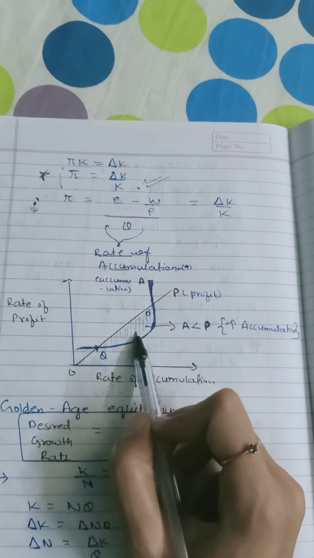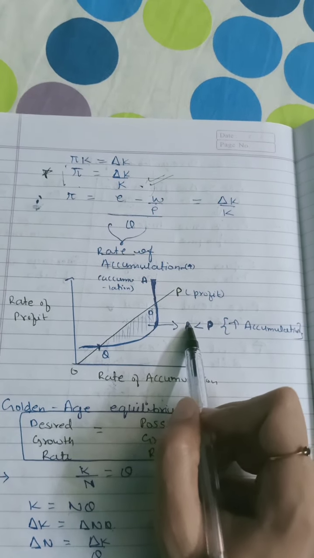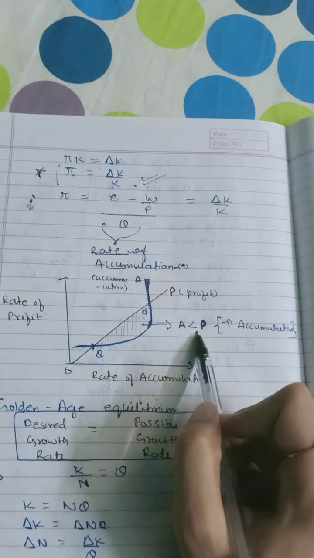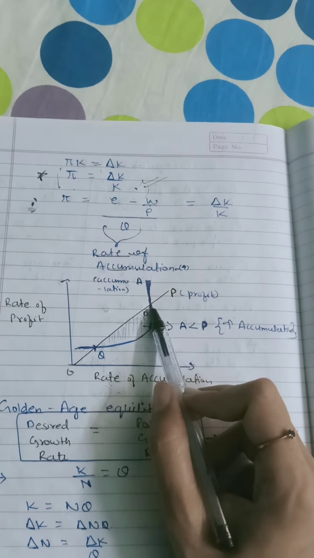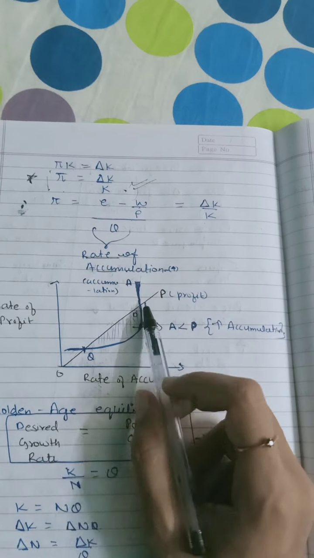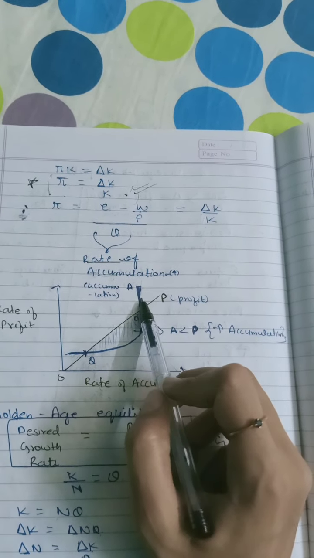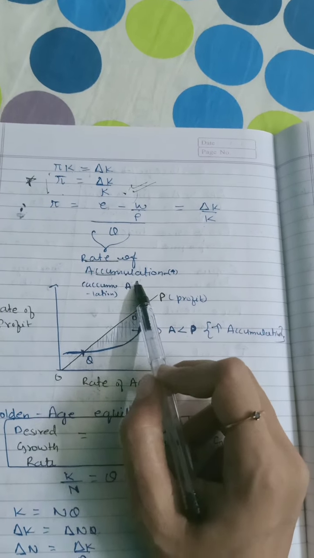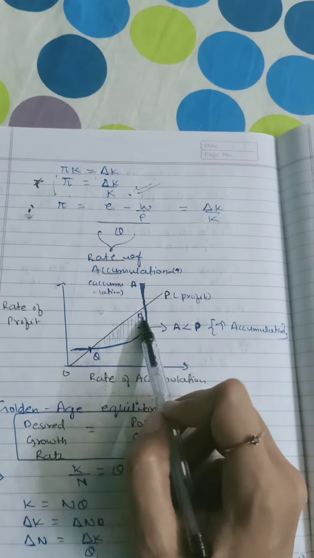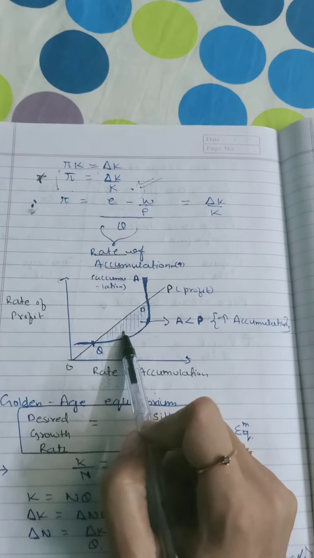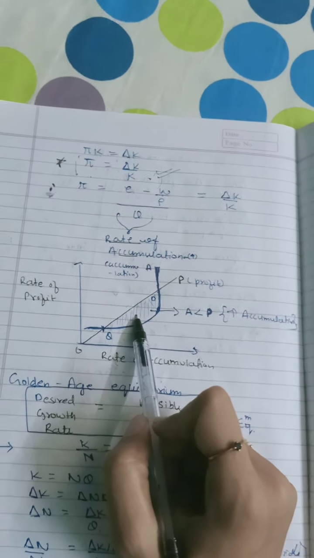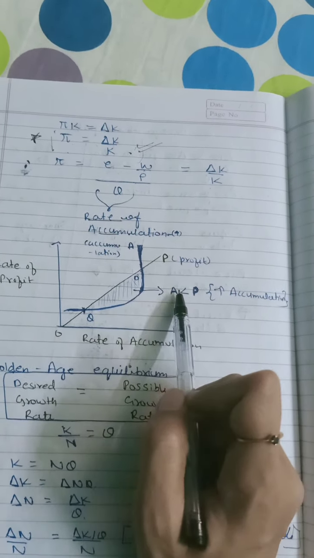This is the part where your rate of accumulation is less than your profit. If your accumulation is less than your profit, then you will accumulate more capital to get more profit out of this capital accumulation. So here you have less capital and more profit.